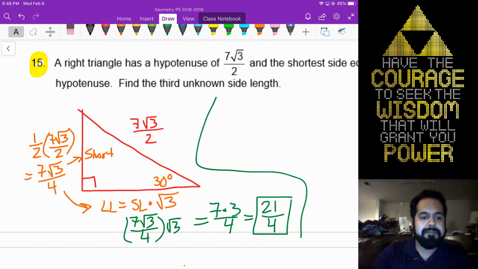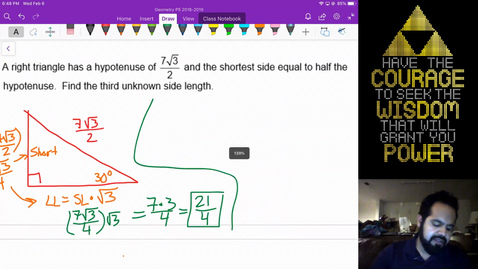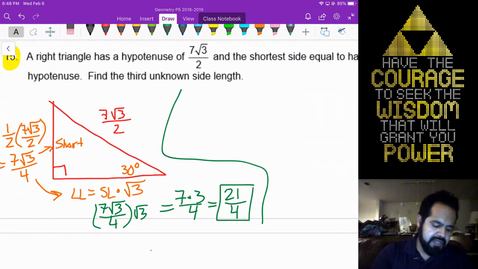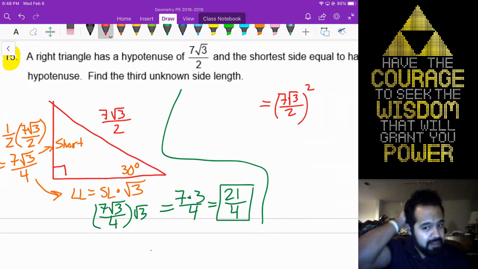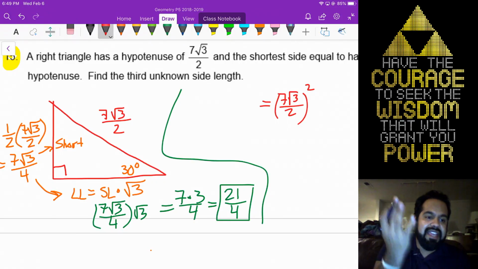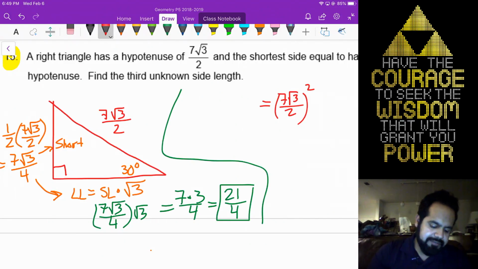The Pythagorean Theorem. So your Pythagorean Theorem could help you here, right? If you decided you want to go through and say, the hypotenuse, so 7 rad 3 over 2 squared equals, well, you're going to have to know what that short side is anyways, so you have to know how to take half of the hypotenuse.